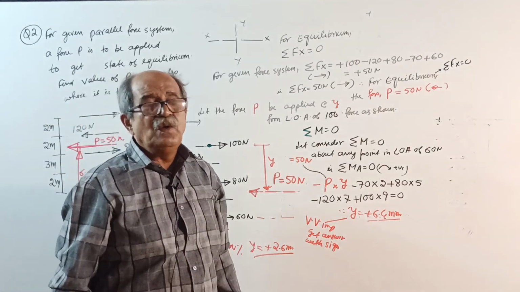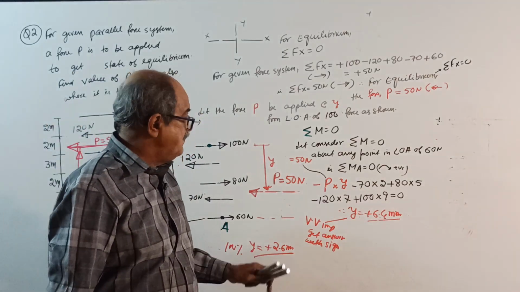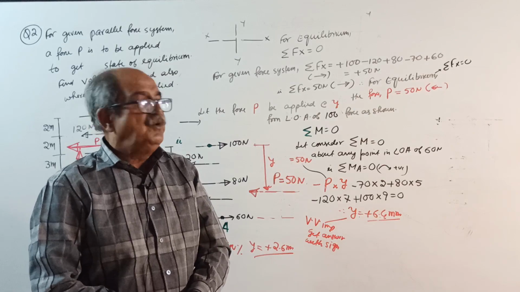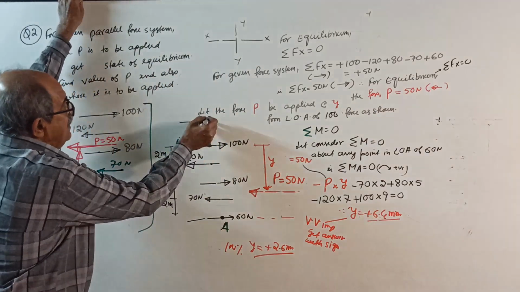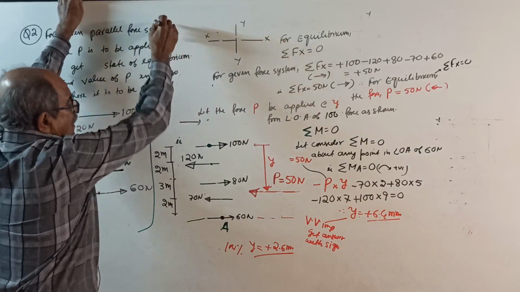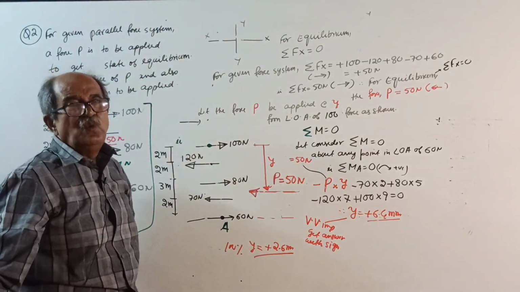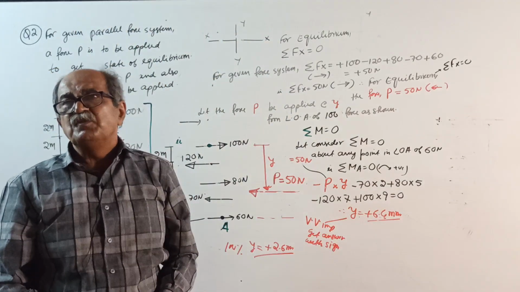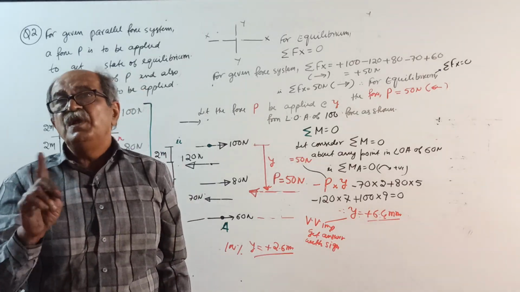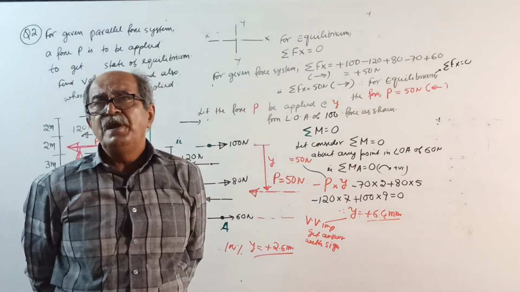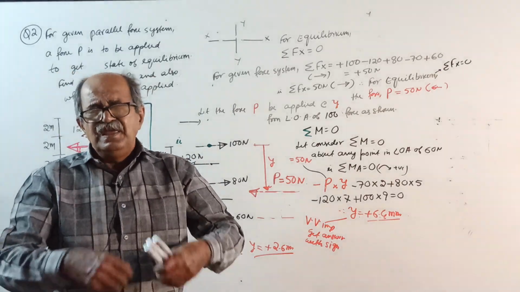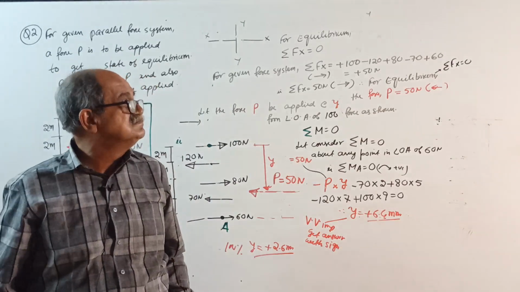My guarantee y will come 2.6 meter, because whether you take moment about this point or any other point in the plane, the result will not change. The basic is the algebraic sum of moments of the entire force system about any point.